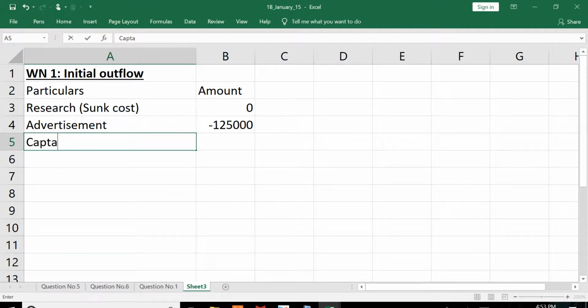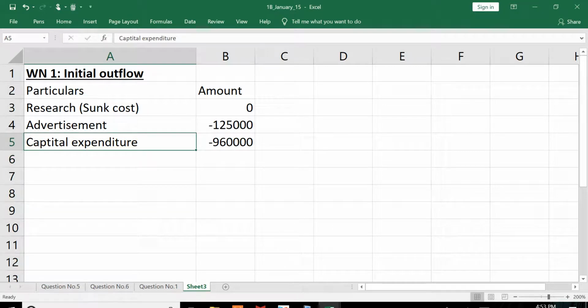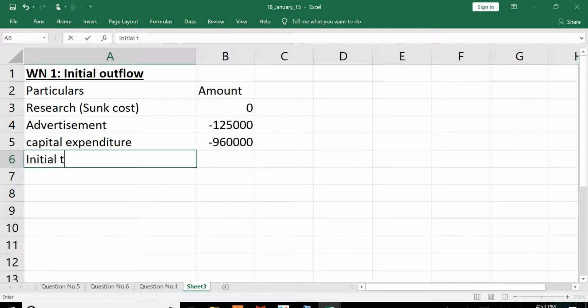What's the capital expenditure of the machine? 9,60,000. Capital expenditure is 9,60,000. This is my initial outflow.